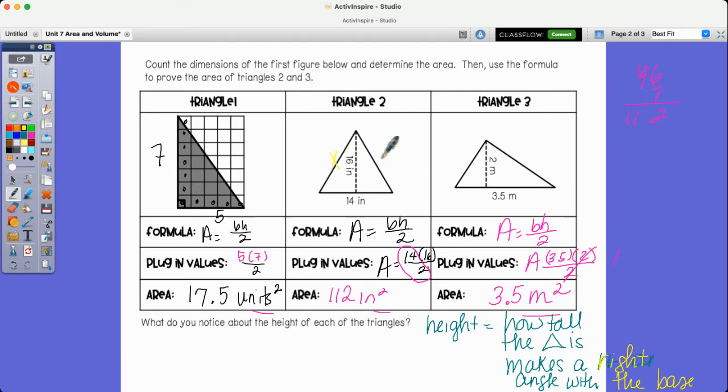So these sides are not considered the height, right? The only thing that is the height is the one that goes up and down and makes a right angle. I could draw a triangle this way and draw a height this way, but once again, there's your right angle with a base. So please make sure when you're doing this, you don't get fooled by those slanted sides.